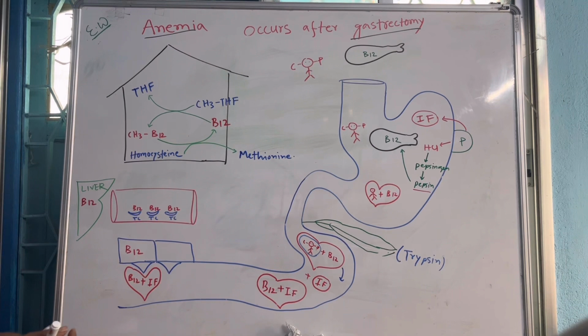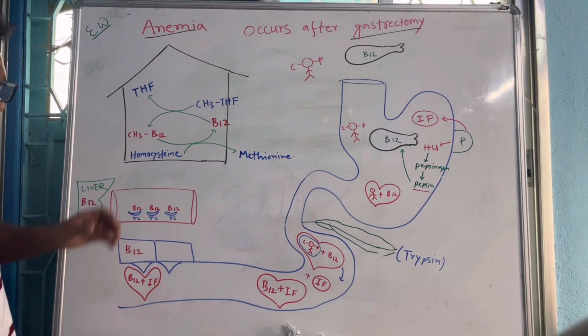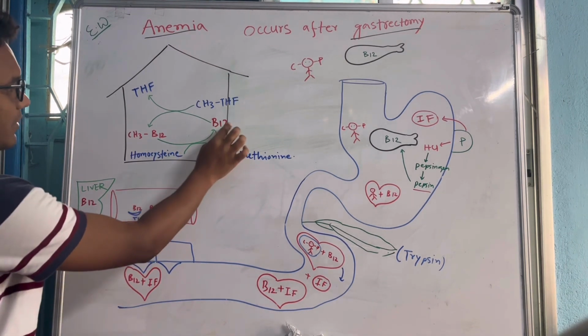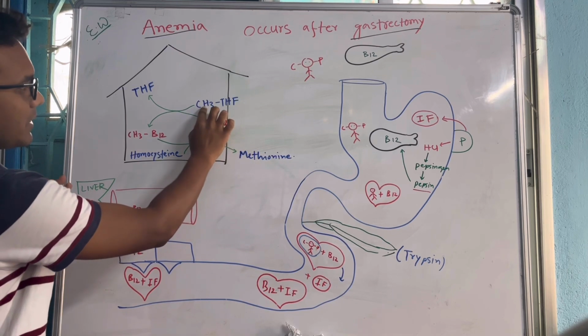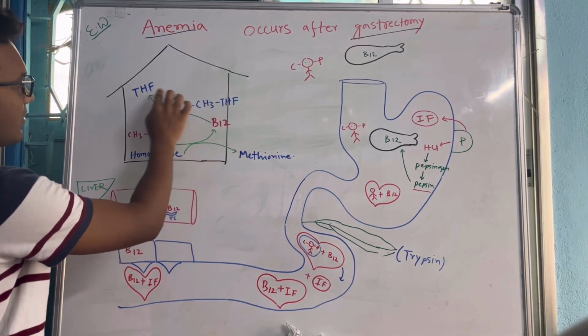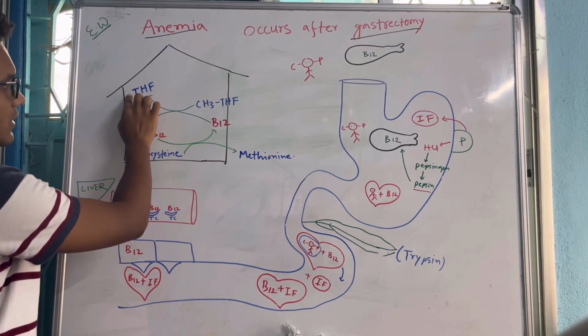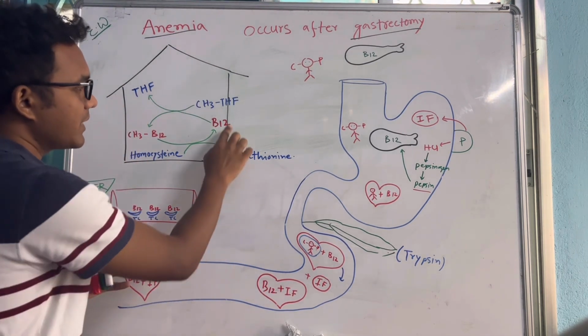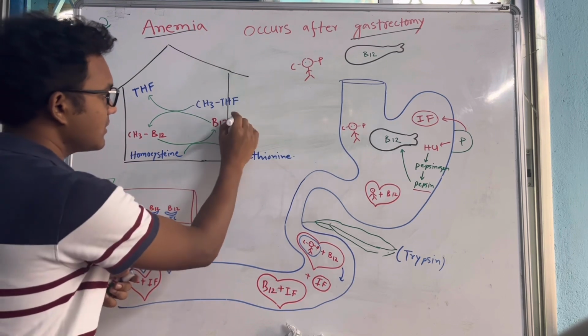So we know that if vitamin B12 cannot come, methyl tetrahydrofolate cannot be converted into tetrahydrofolate, which is the active form. So folate will not be active if vitamin B12 is decreased.